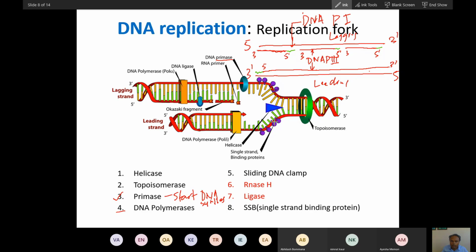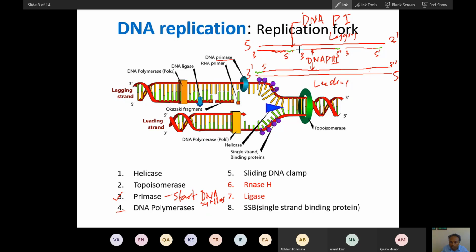DNA polymerase 3 does the continuous main strand synthesis here, and in between, it is done by DNA polymerase 1.